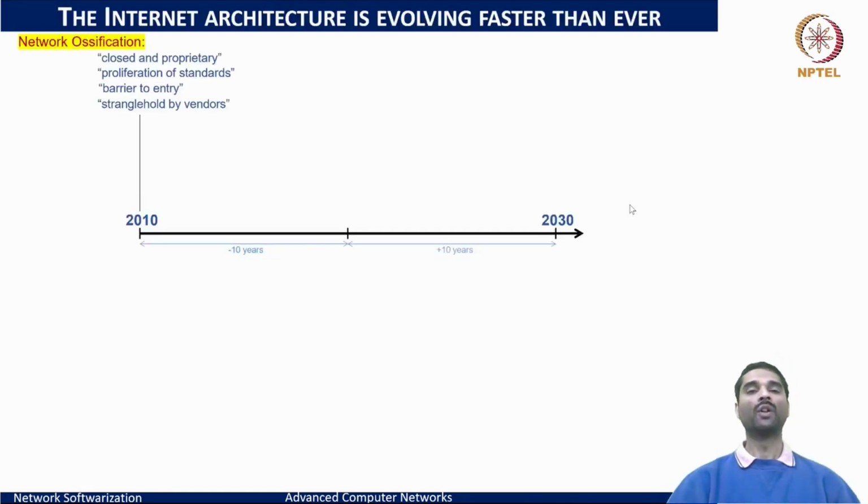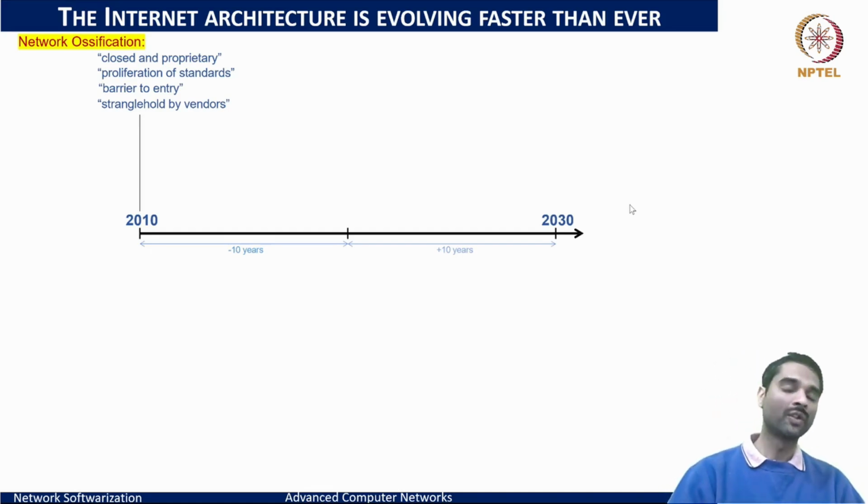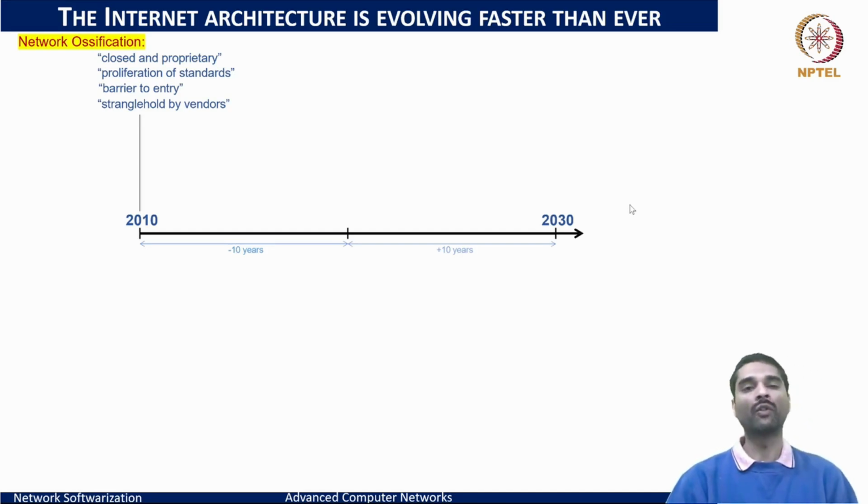So to sum up, we have looked at the internet's evolution, and we take it that internet architecture is evolving faster than ever. And we consider this internet architecture, for simplicity, in three phases. The first, pre-2010, I call the network ossification stage, where several closed and proprietary developments happened, several standards proliferated, but many became barriers to entry.